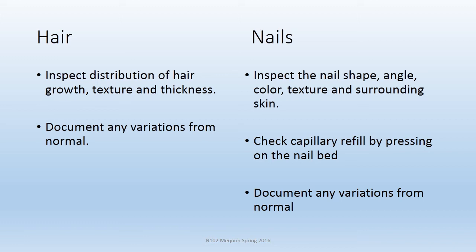Moving on to the nails, you're going to be using inspection and palpation when you're assessing the nails. When we're assessing the nails, you're going to be looking at these areas on the slide, and don't forget to look at the surrounding skin. If you look on the top of page 530, there's one aspect of nail assessment that we'll discuss more in our small groups, and it's known as clubbing.